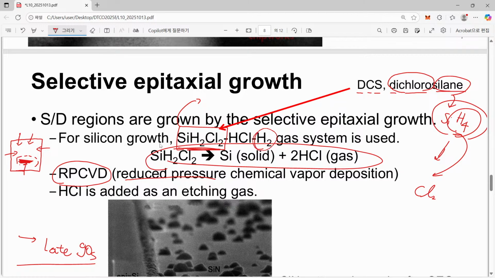And this hydrogen is just used as a carrier gas. This does not do anything, just to flow our other gases, because here we have a chamber with gas in and gas out. In order to make this inflow and outflow, we must have another gas. So that is just a carrier gas shown here.